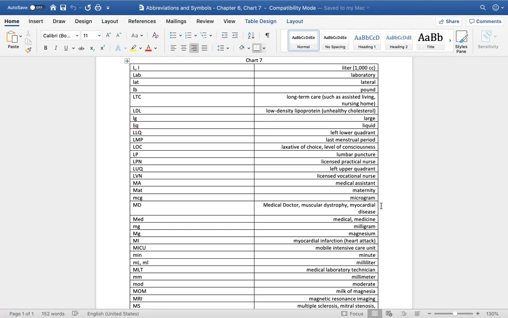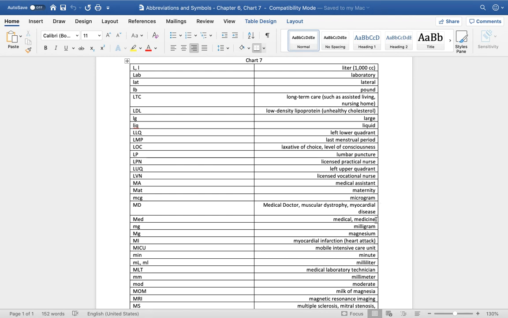And they lose function throughout their lives. Medical doctor, that's an MD, right? That one you've probably seen on your doctor's sign in front of their building, their office. Myocardial disease. Myocardial refers to the muscle of the heart. So this is where you have dysfunction with the muscles of the heart.